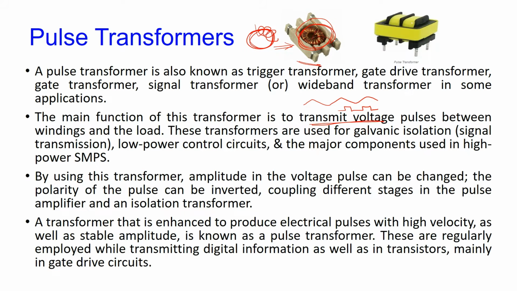These transformers are used for isolation, similar to conventional transformers. They also provide electrical isolation between the primary and the secondary windings. By using this transformer, the amplitude of the voltage pulse can be changed. The polarity of the pulses can also be inverted.